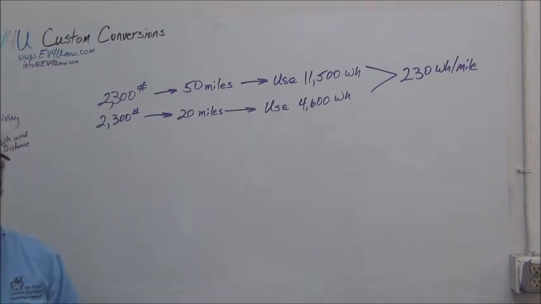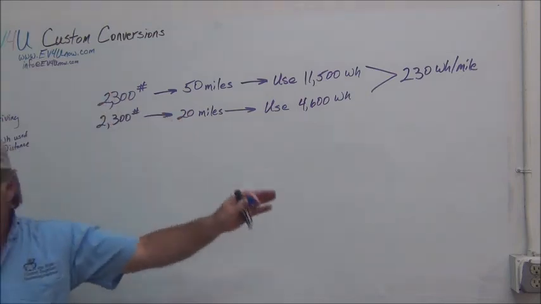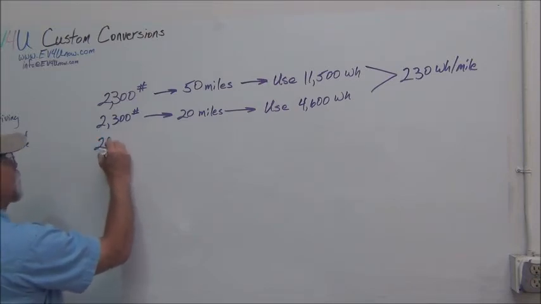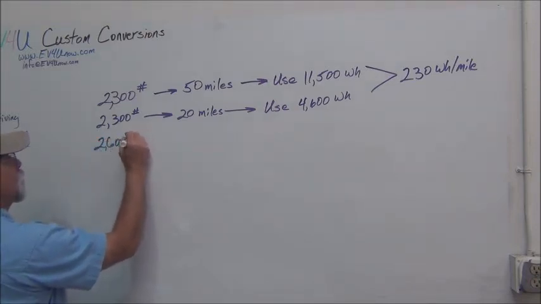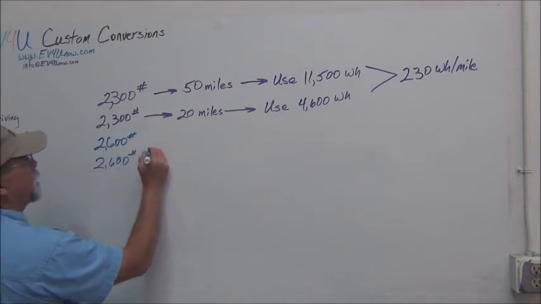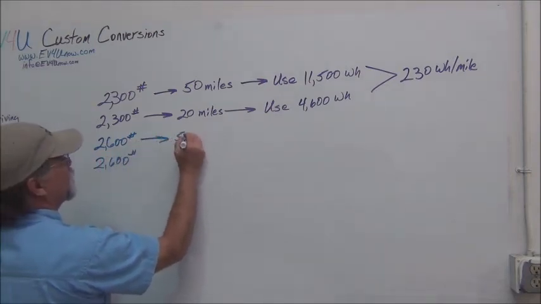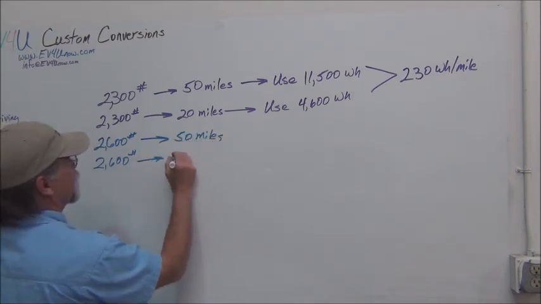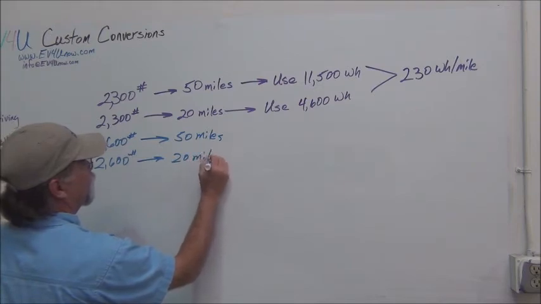So we do that with different vehicles in different distances, in town, on the freeway. Here's another example. Say we have a 2,600 pound car. And we'll do two examples here again. And we drive 50 miles. And we drive 20 miles.